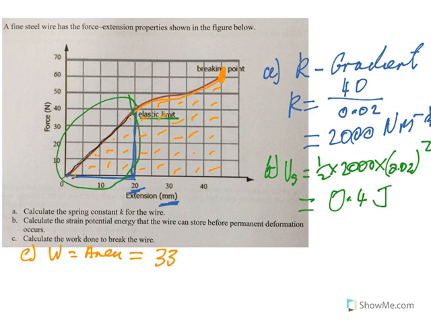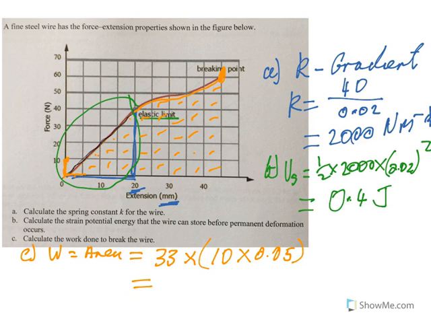So there's 33 squares. And each square is 10 by 5. And the 10 is Newton, no change there. And the 5 there is 5 millimetres, which is 0.05 of a metre.